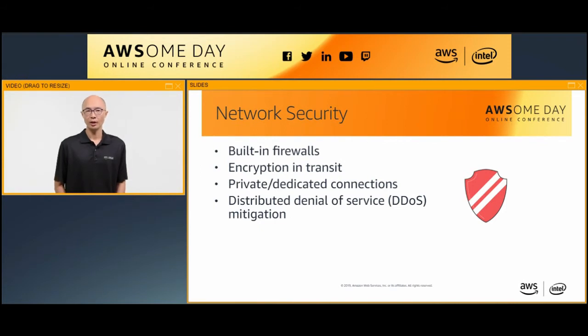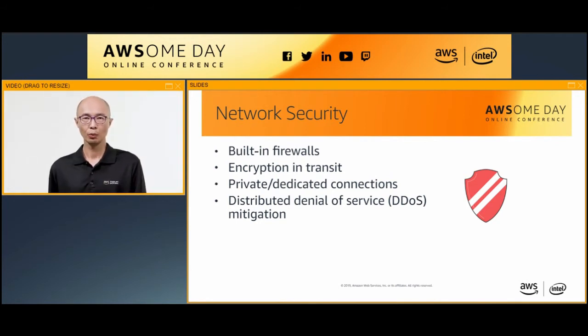AWS provides several security capabilities and services to increase privacy and control network access. These include built-in firewalls that allow you to create private networks within AWS and control network access to your instances and subnets. For example, the security groups that we have covered in the earlier part of this course.